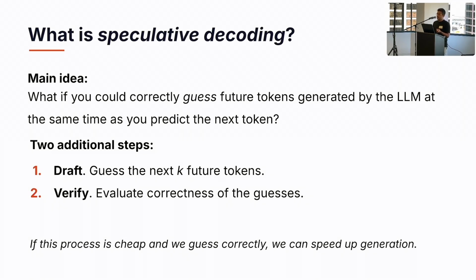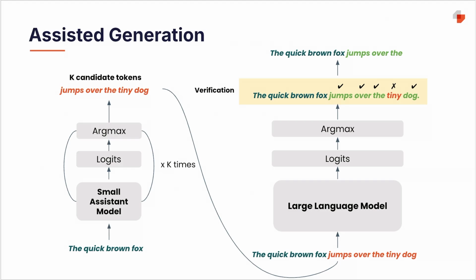So the simplest idea that one can use, and people used this a lot last year, is called assisted generation. Let's say Meta came up with the Llama family of models, and there was the 7 billion parameter model, 8, 13, 70. The idea of assisted generation is very simple. You have a large model, let's say Llama 70 billion, and an assistant model, let's say Llama 7 billion.